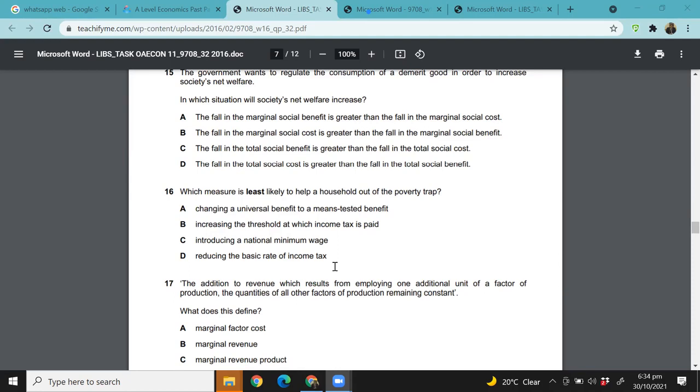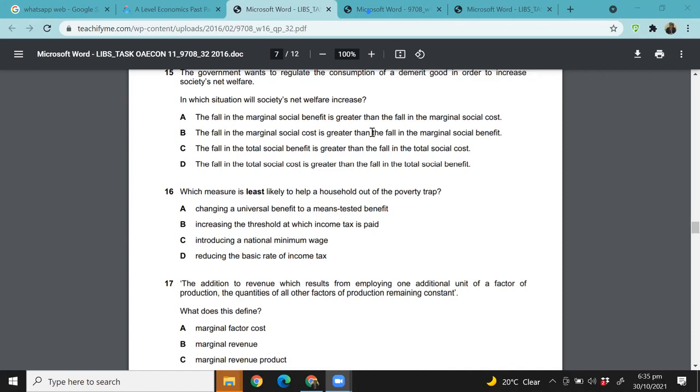Which measure is least likely to help a household out of the poverty trap? D, reducing the basic rate of income tax.